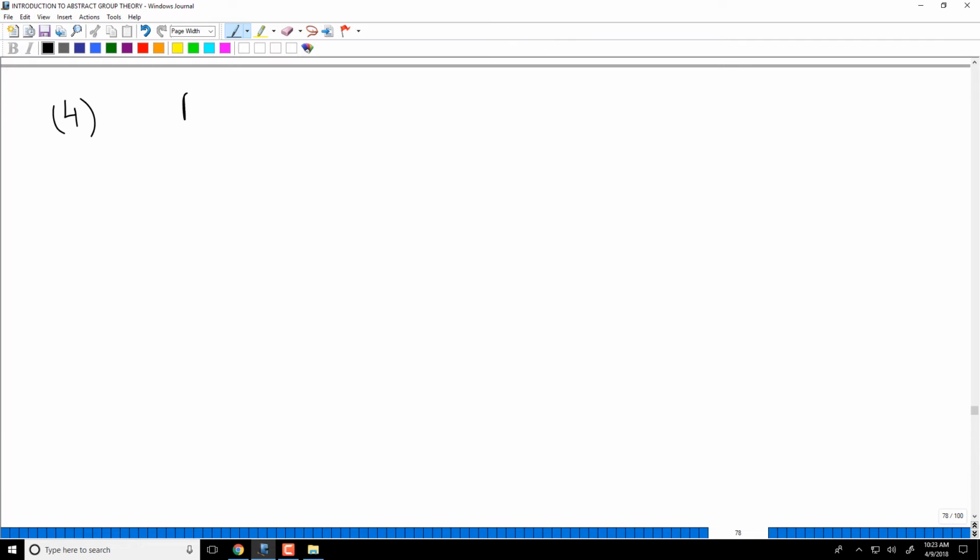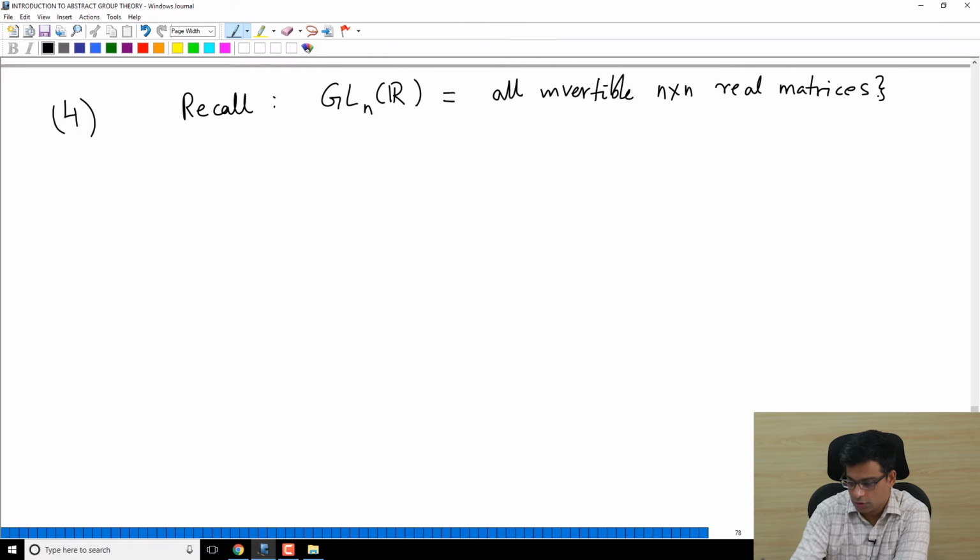One more example. Let's recall GL_n(R). Maybe I've used some other notation in the past, but the set GL_n(R) stands for all invertible n by n real matrices under multiplication.